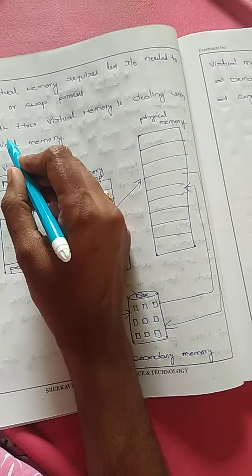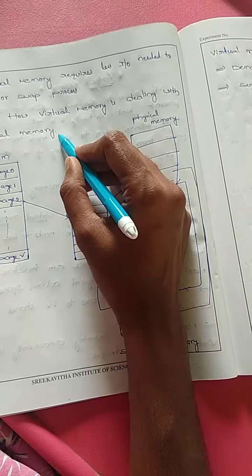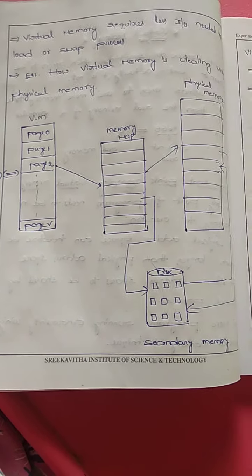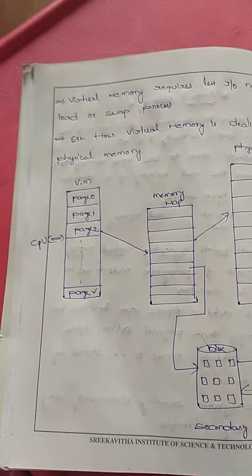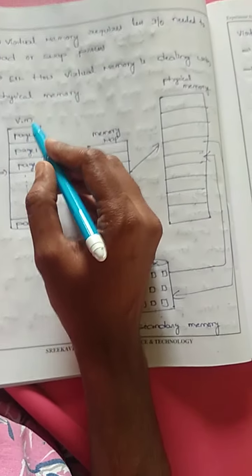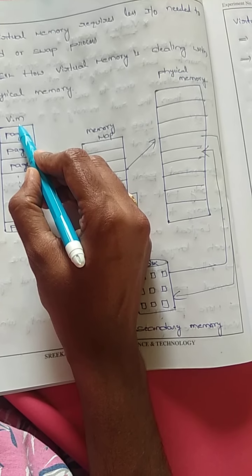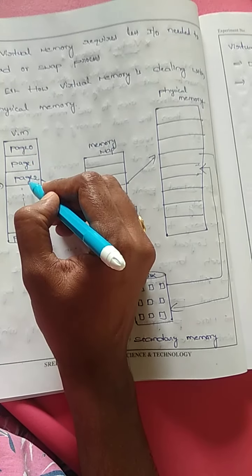For example, here we will see how virtual memory deals with physical memory. We have the virtual memory, and in this virtual memory we have pages.